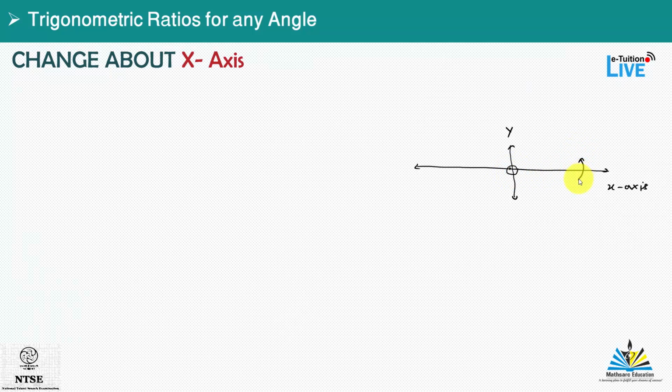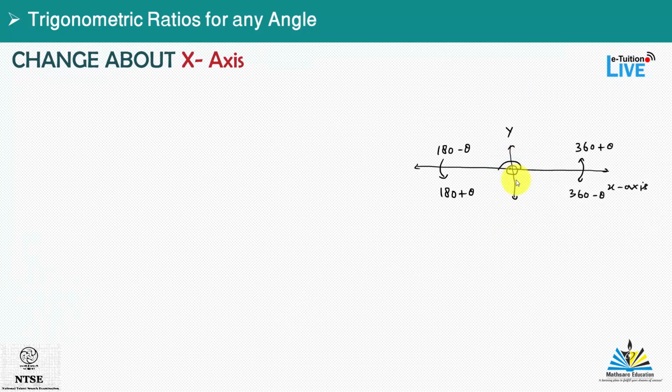Then this is 360 plus theta, and this is 360 minus theta, and this angle is 180 degrees. So 180 plus theta is moving into the third quadrant. This, 180 minus theta, is in the second quadrant.